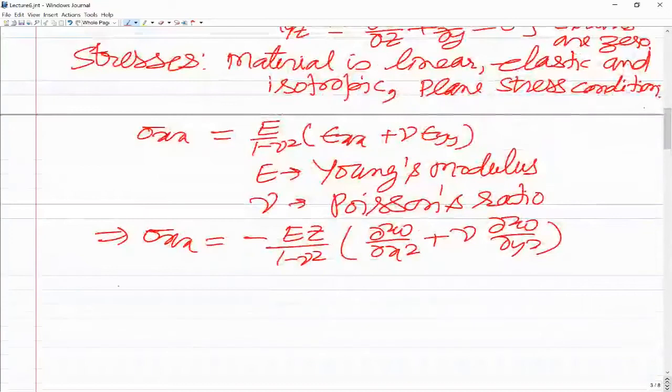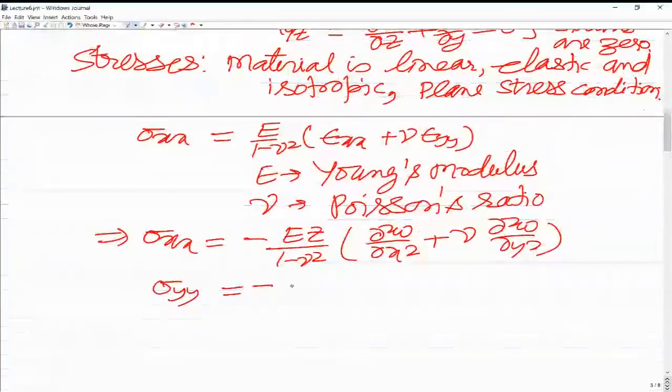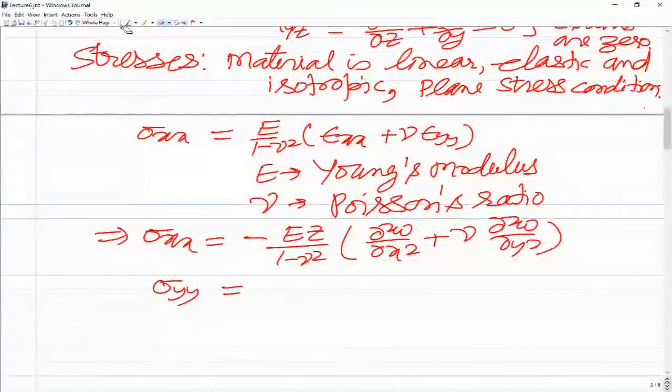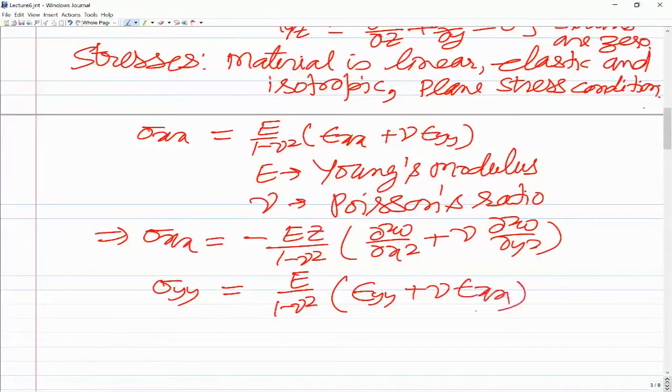Similarly, sigma yy can be written as, the basic expression for sigma yy is E upon 1 minus nu square into epsilon yy plus nu times epsilon xx.